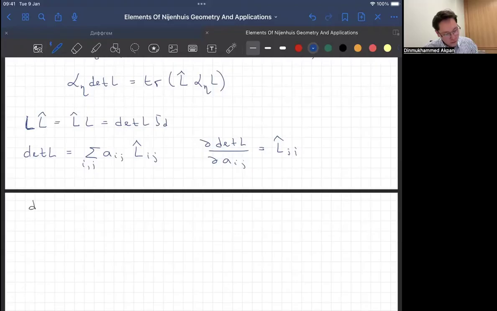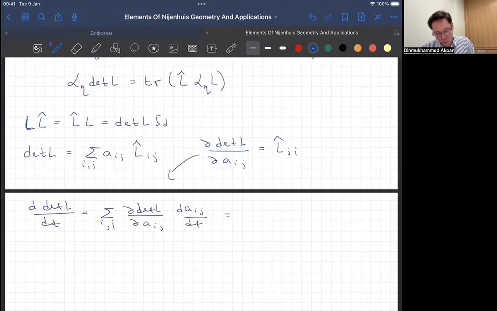Then if we take the full derivative along some parameter t and replace this from the above, we get the sum of the comatrix entries times the derivative of L_ij in t.